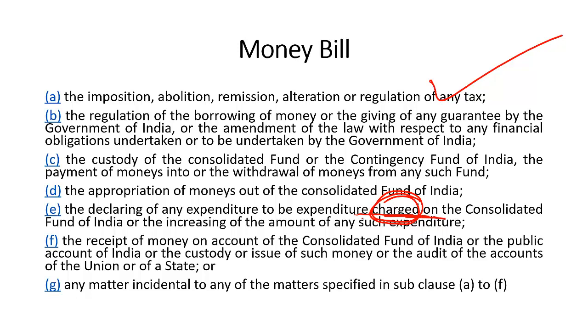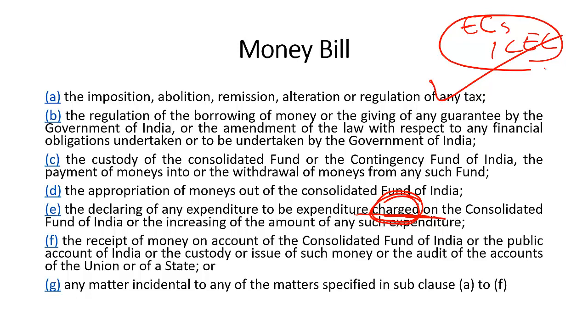And if a bill tries to declare another expenditure as charged on the Consolidated Fund of India, such a bill also would be a money bill. Because today, the salaries of election commissioners and the chief election commissioner are not charged on the Consolidated Fund of India. So perhaps they are the only constitutional authority whose salaries and allowances are not charged on the Consolidated Fund of India.